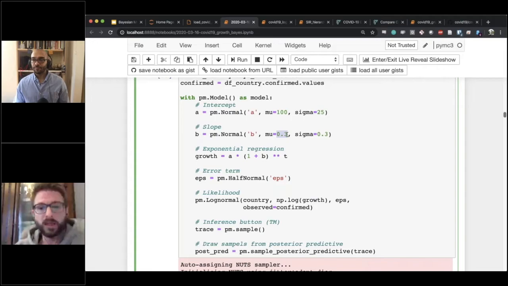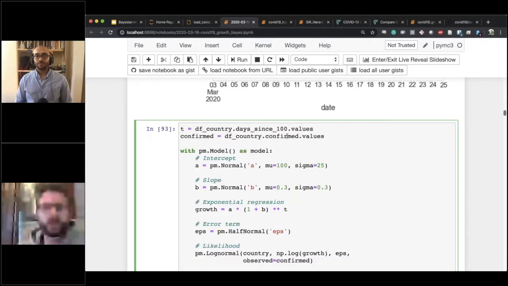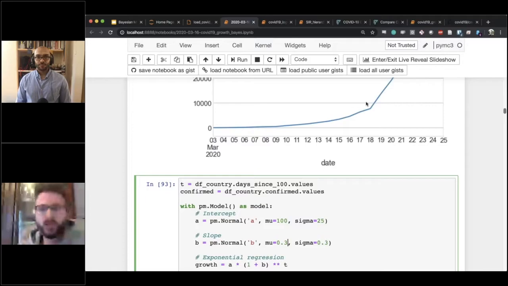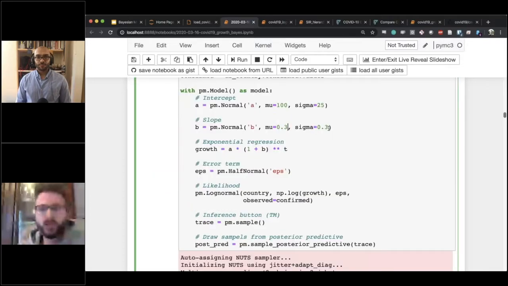And as I said before, we also have some information on that. So it is supposed to be roughly around 0.3, so that is what we're going to use here. The model is going to refine that value and find the best fitting value for this particular case that we're looking at. It might be different, but it's a good starting point again. And we're going to say, okay, we are fairly confident that it's going to be around that value somewhere.